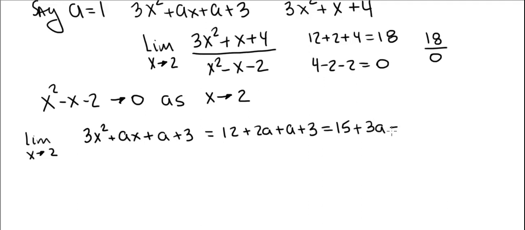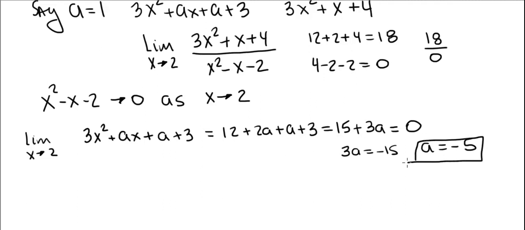We're going to set this equal to 0 and then solve for a. So 3a equals minus 15. Therefore, a equals minus 5. This is the only value that a could be so that the limit will exist.